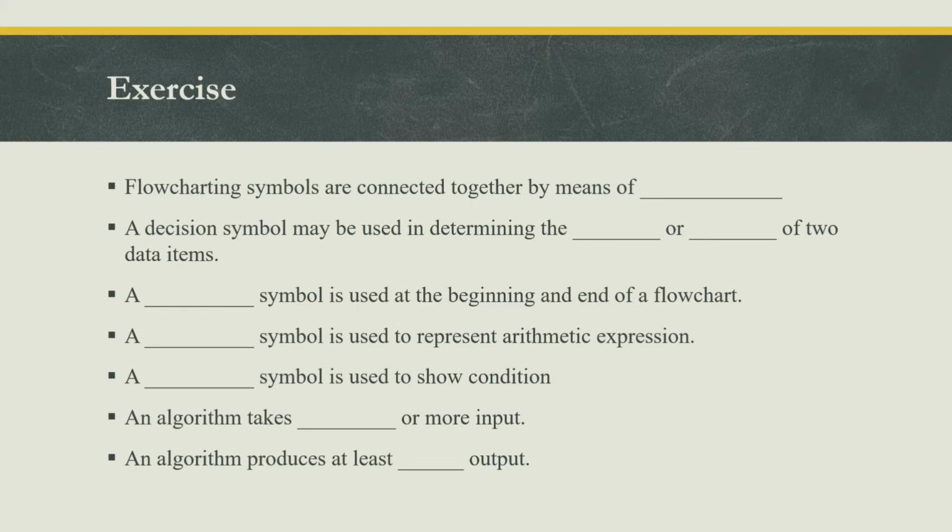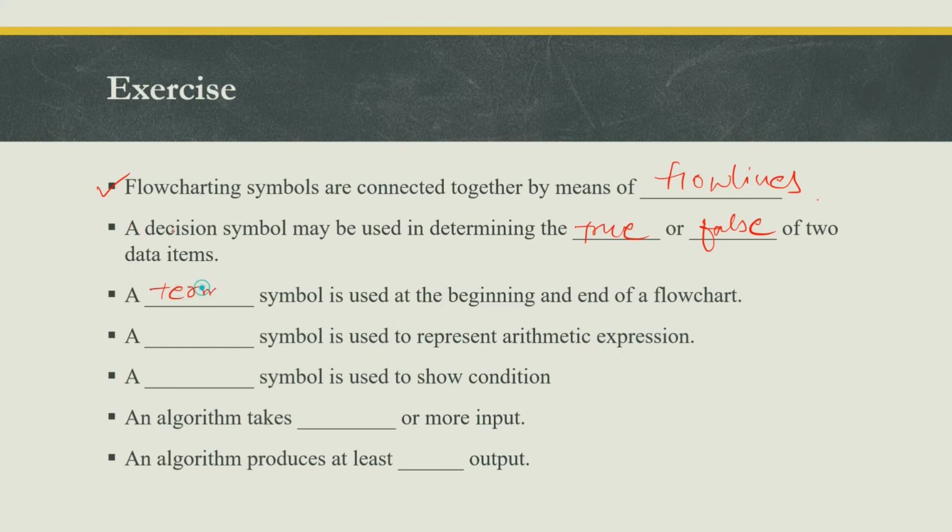Okay, so you have solved, right? So look at the first blank. Flowcharting symbols are connected together by means of flow lines. A decision symbol may be used in determining the equality or inequality of two data items, true or false. A terminator symbol is used at the beginning and end of the flowchart.